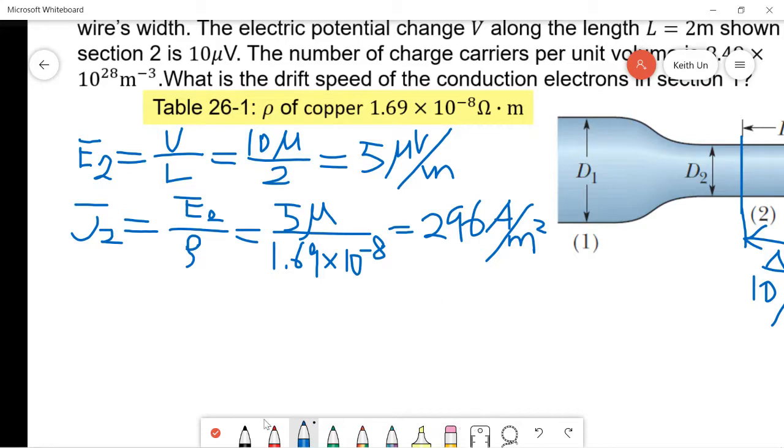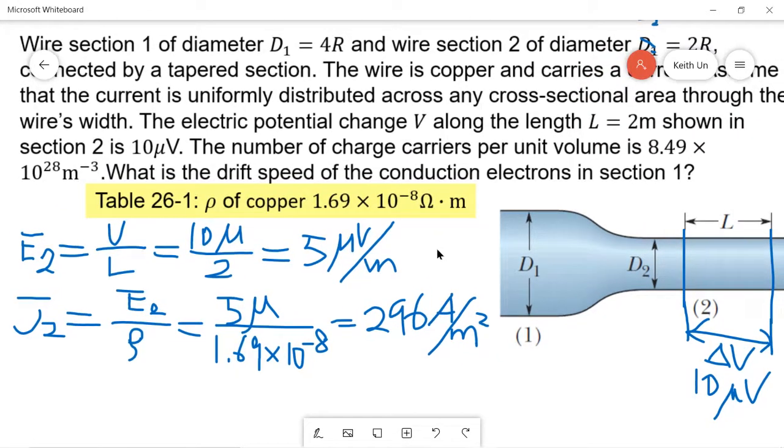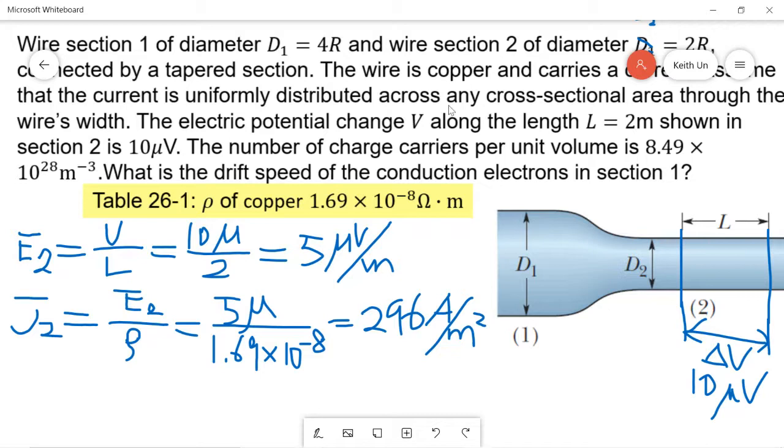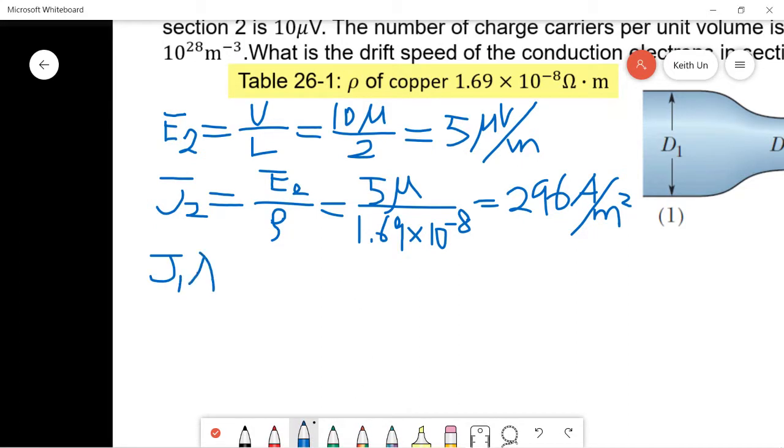So up till now it is not difficult, and now it's mentioned that the current is uniform across any cross-section area, which means that as we calculate the cross-section here and here, the current should be the same, which means that we will have J1A1 equals J2A2.